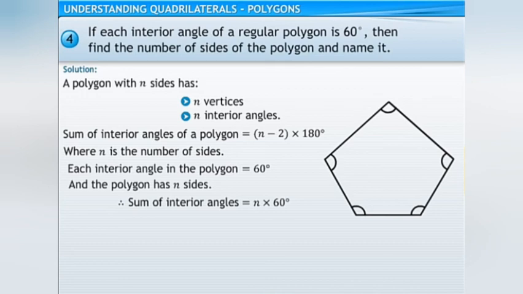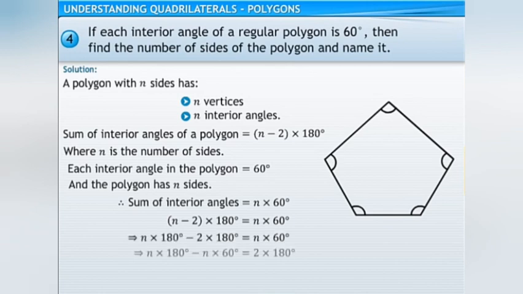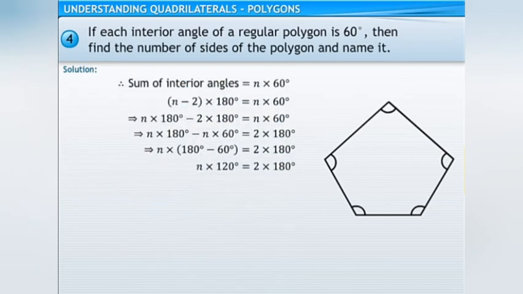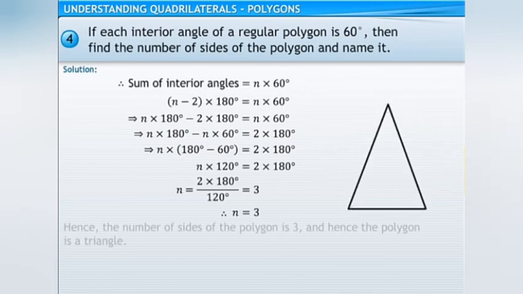We will equate both the equations to obtain n. We will rearrange and solve the equation for n. By rearranging the terms in the equation and taking n common, we obtain the value of n as 3. A figure with 3 sides is a triangle.